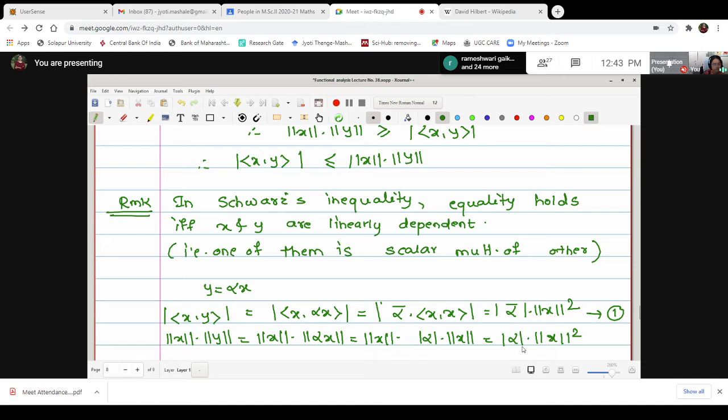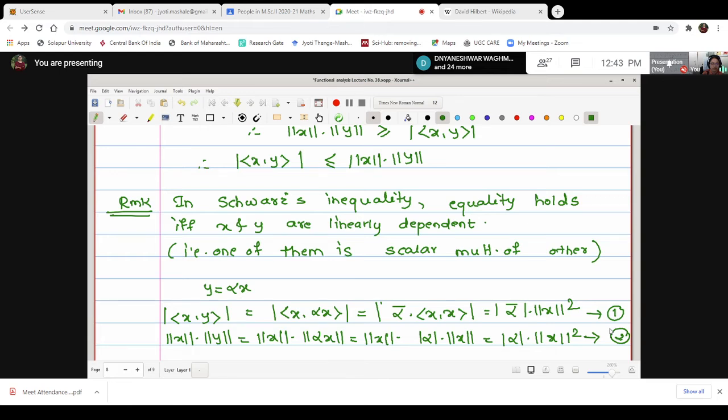Now, what is the relation between mod alpha and mod alpha bar? Let me call this equation number 2.